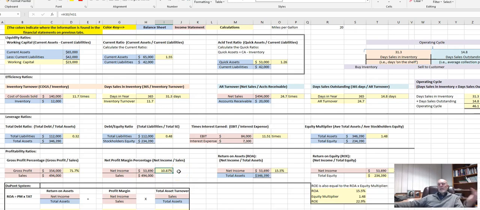Of course, the other 89 cents went to various expenses, and so we may want to further analyze what those expense percentages are. Another measure of profitability is looking at return on assets. This is net income on the income statement divided by total assets on the balance sheet. And in this case, it's 15.5%.